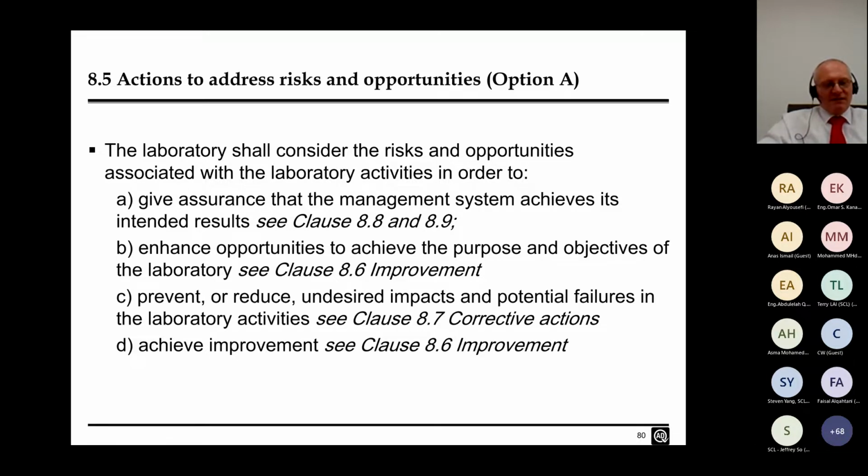And we have to achieve improvement. So in the past, we would have talked about preventive and corrective actions, and these being appropriate for the issues that were perceived as happening. Now we're looking more at risks and opportunities, but still we're looking at continual improvement, preventive actions and corrective actions to try and ensure that we're achieving our objectives.